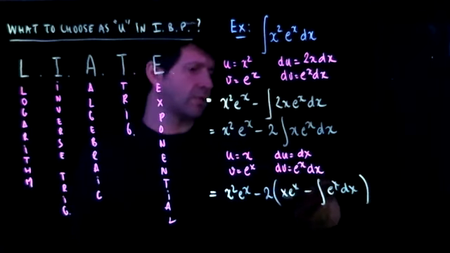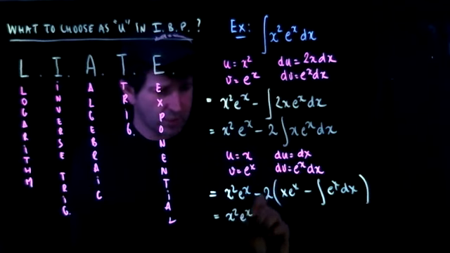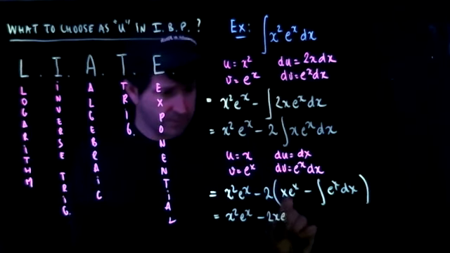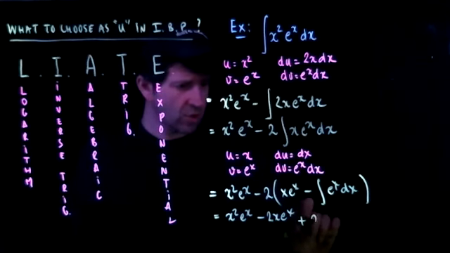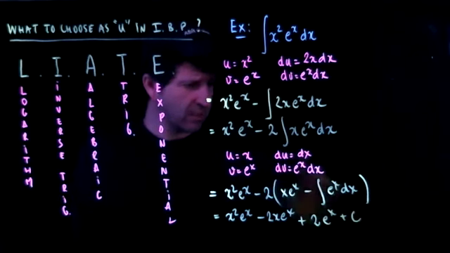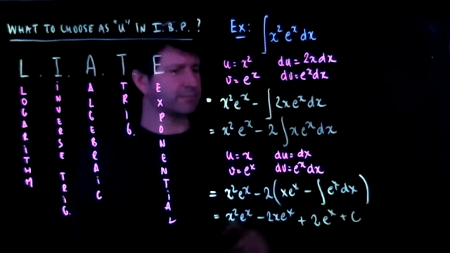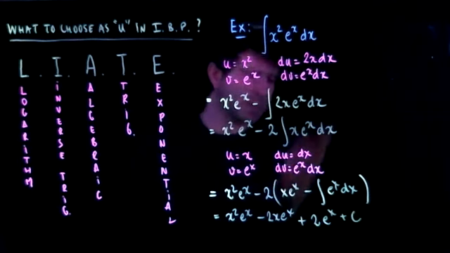At this point I just have this integral to figure out, which is pretty easy. x squared e to the x minus 2x e to the x, and then plus 2 times the antiderivative of this, which is just e to the x, plus c, and I'm done. That's my answer. Of course, you could factor out an e to the x, but forget this one.